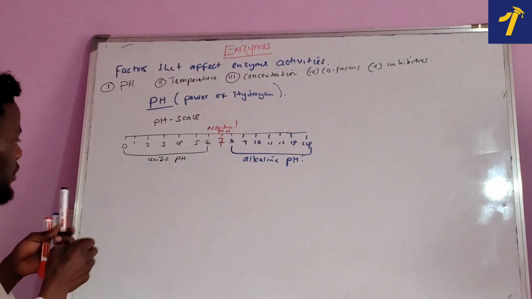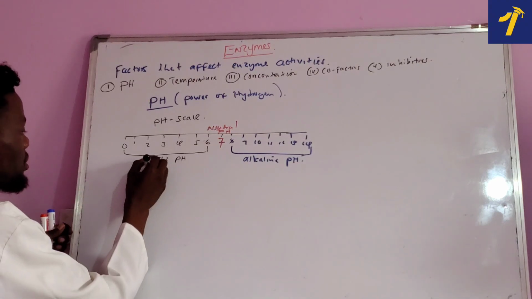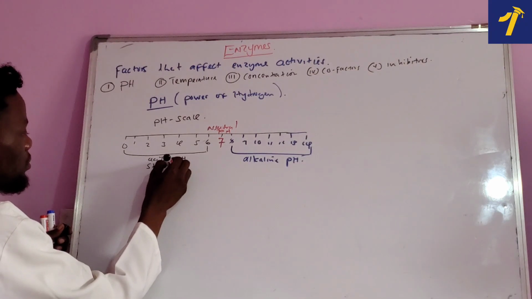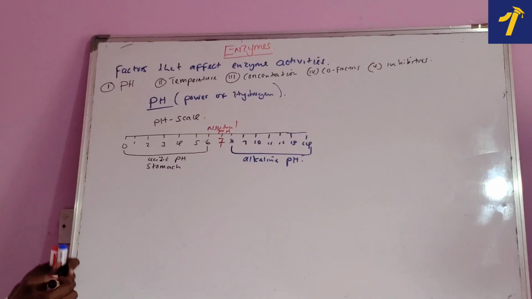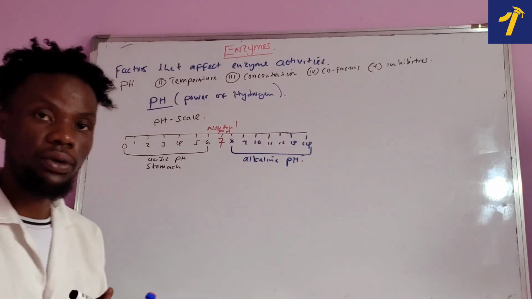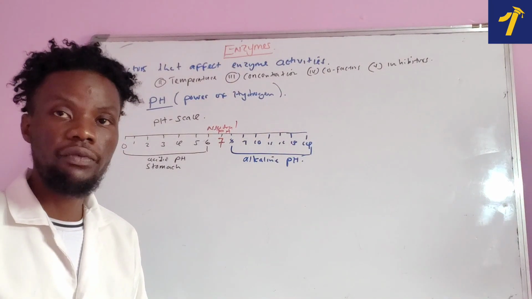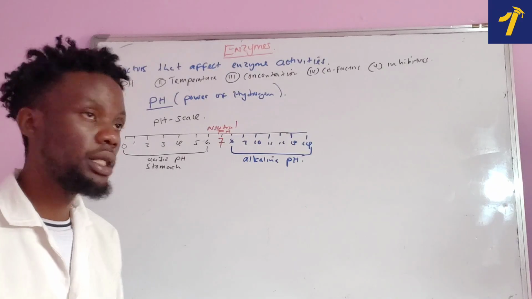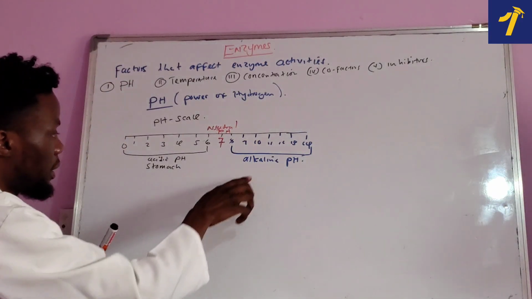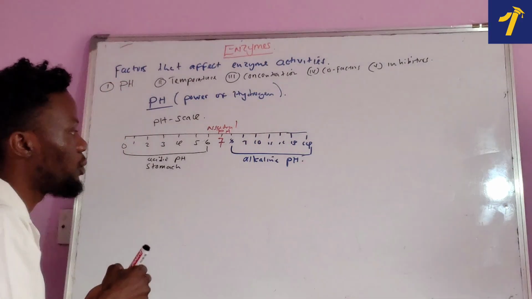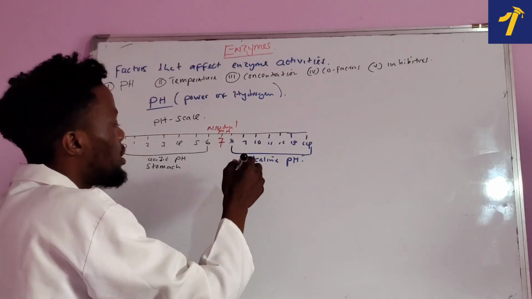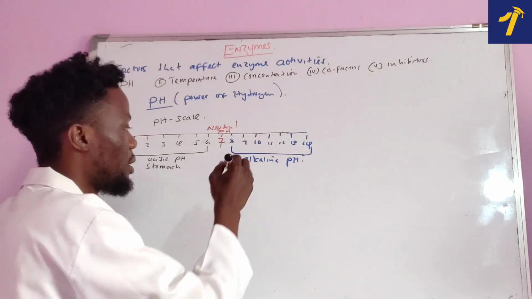Okay, so where you can find this type of pH in our body is what we call the stomach. This is where you can find the acidic pH, because in the stomach, that's where you can find the hydrochloric acid. The alkaline pH, you can find it where? You can find it in different regions of the body, like the mouth.